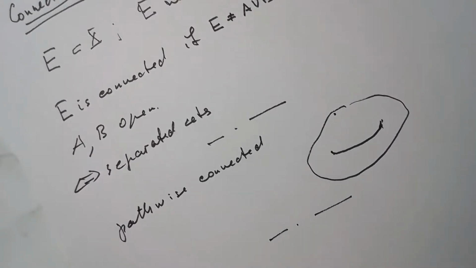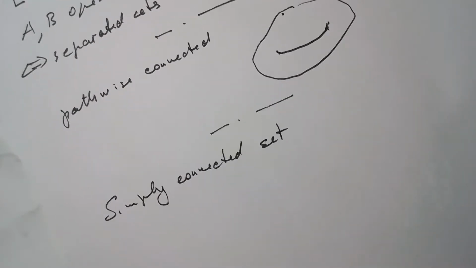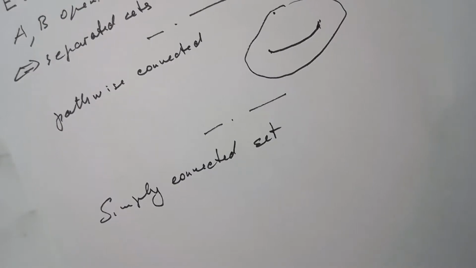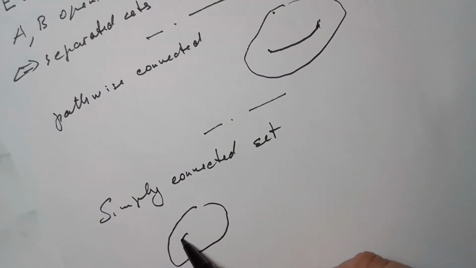There are also something called simply connected sets. I will leave it to your course of topology to explain what it is, but somehow it counts the holes. So suppose this is a set with holes, then it is pathwise connected and connected, but it's not simply connected, because you can have different ways of connecting these things that are not equivalent to each other.